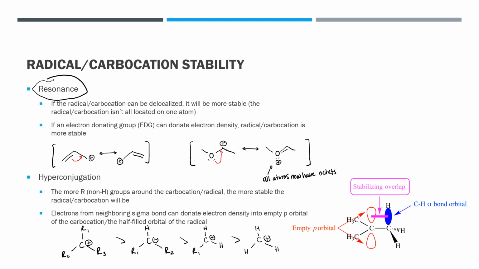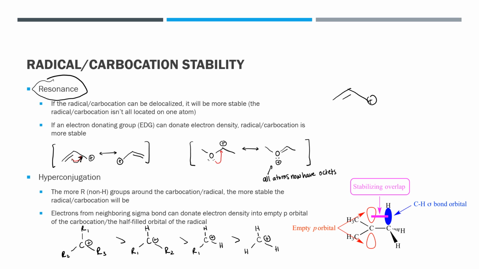So let's look at two examples here, right? With the first example, we have this carbocation, and you can see that we have a pi bond next to the carbocation, and a pi bond is a site of high electron density, so we can do some resonance with this.